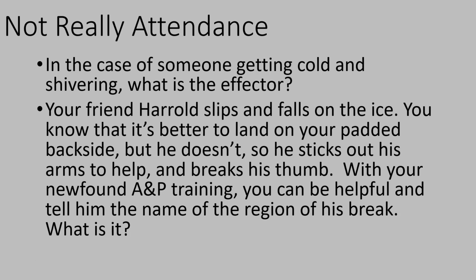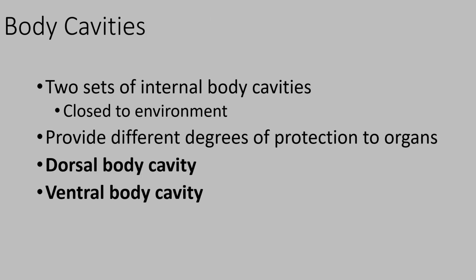So let's go ahead and start with today's lecture. And we're going to begin talking about body cavities. Now, the body has open spaces within it, and that's where we find the organs. And even though there are several cavities, there are two major sets of internal body cavities, and they are completely closed to the environment.